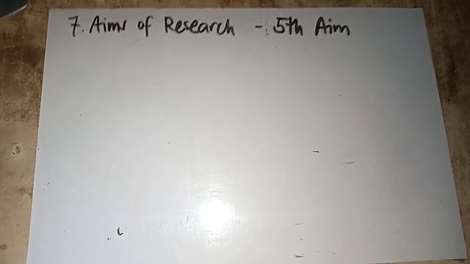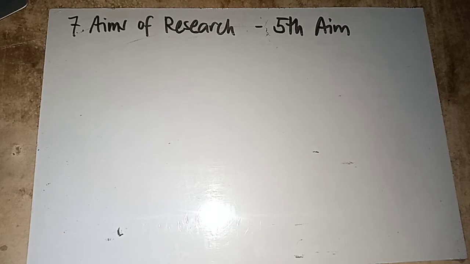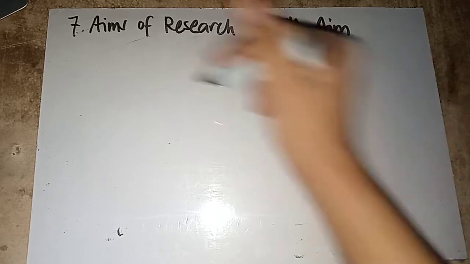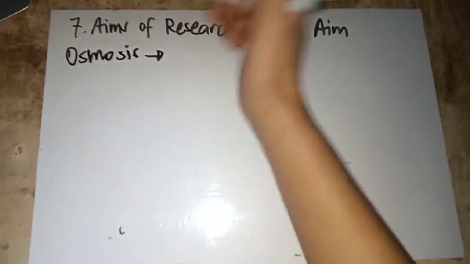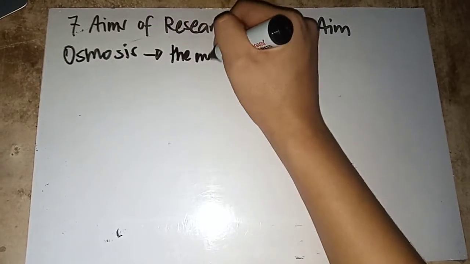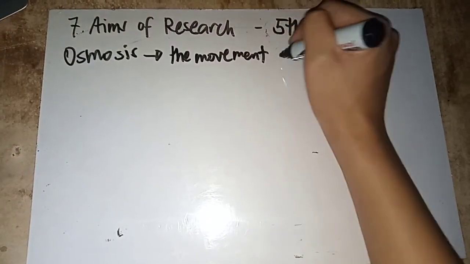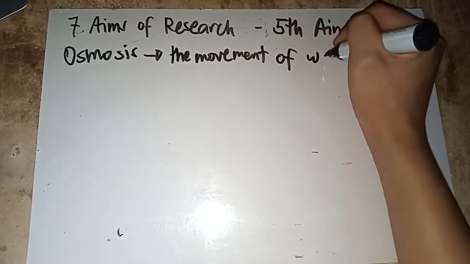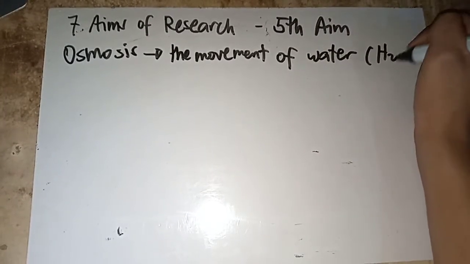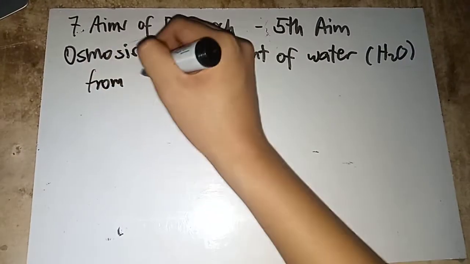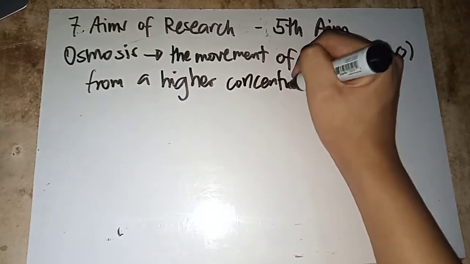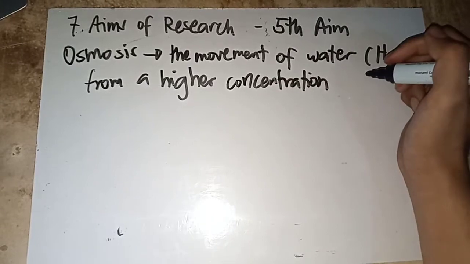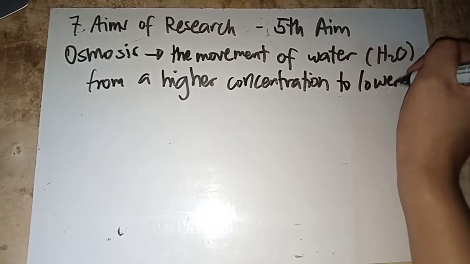Okay, so for us to determine the fifth aim of research, we will present to you the concept of osmosis. Osmosis is the movement of water, or H2O, from a higher concentration to a lower concentration.